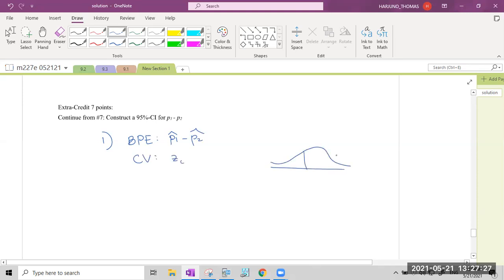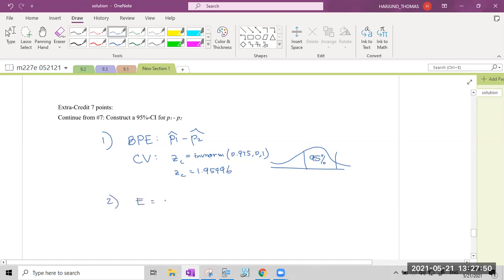95% in the middle, right? So it will be inverse norm 0.97501. I believe the number is 1.95996.